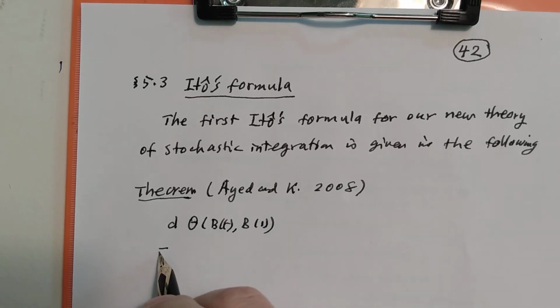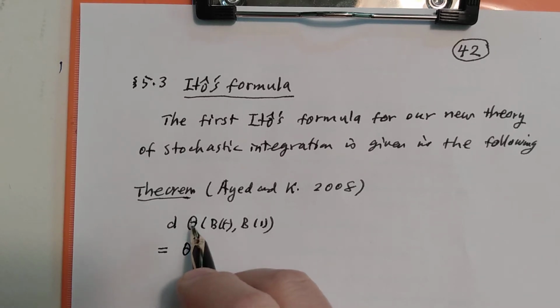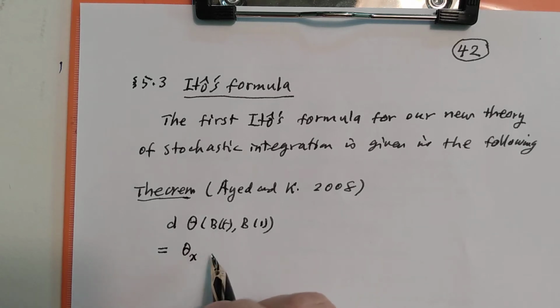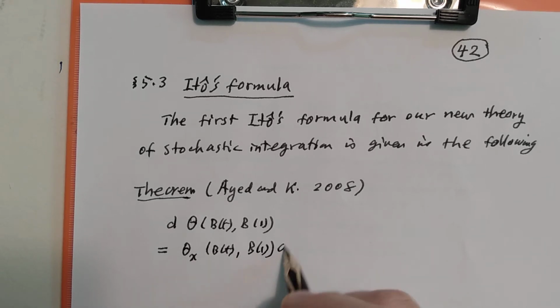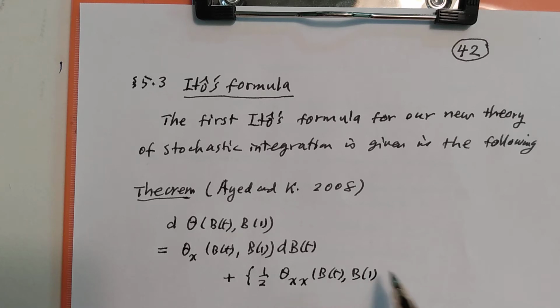This is given by theta, a function of two variables x and y, and the differentiation in x, theta_x of B_t, B_1, times dB_t, plus 1/2 of theta_xx of B_t, B_1 dt.